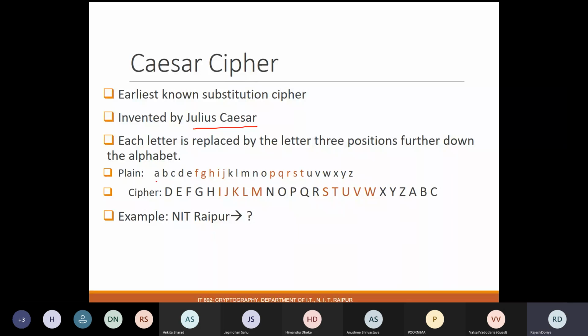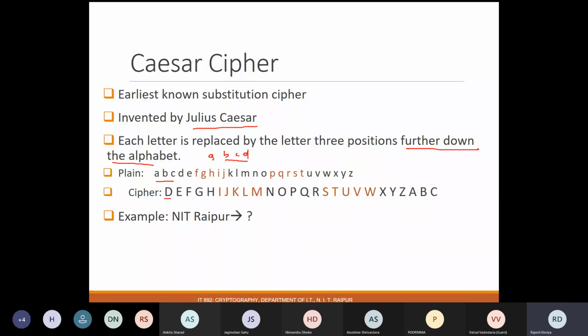Now if this is the plaintext, then this is going to be the ciphertext as per the Caesar cipher. Caesar cipher says that we need to replace each letter by the letter three positions further down the alphabet. For example, if A is there in the plaintext, then three positions further down the alphabet from A are B, C and D.